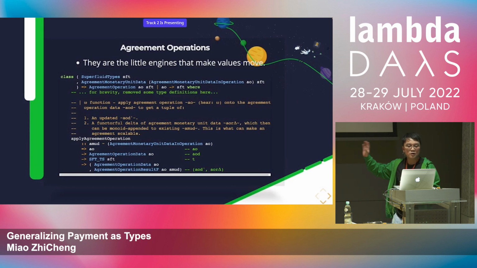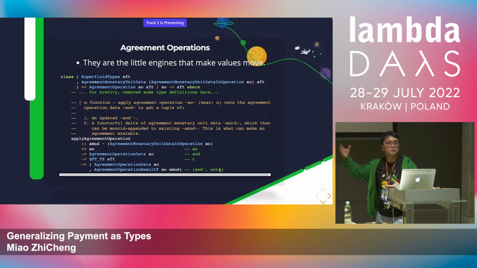So just think of this as the input of agreement operations: you take some data, and also, very importantly, there is a time, right? Because everything we build here is about time in order to represent continuous relations. So the time is an input, and then it gives a new value for the agreement operation data, and also gives a delta of the results.